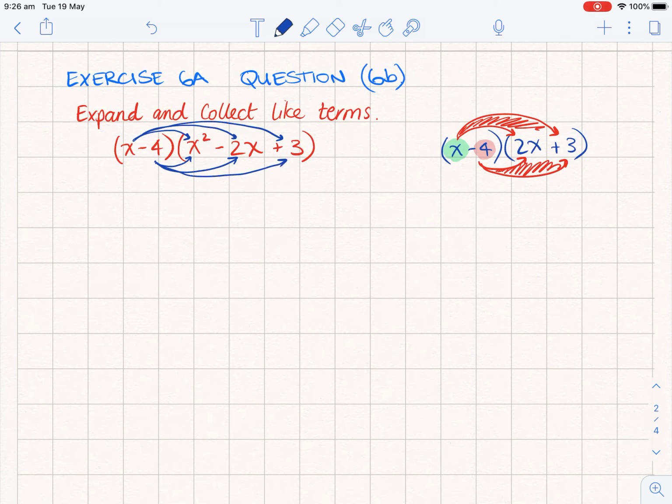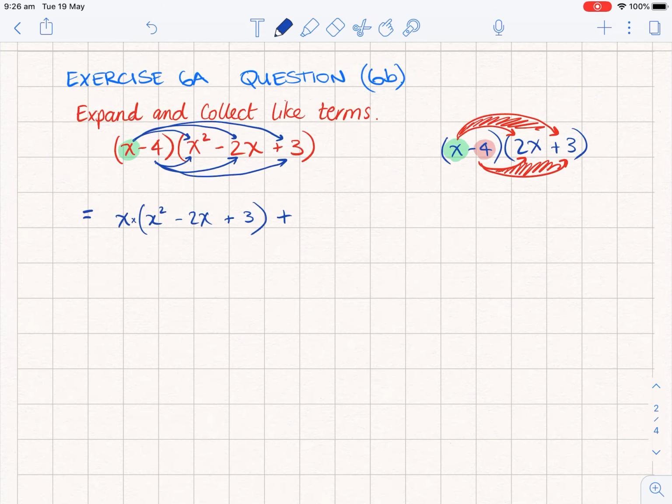Now I can do this a couple of ways. One, I can just keep track in my head, or two, I can break it up. So I'm actually going to break up this expression and write it algebraically so you can see exactly what I'm going to do. The first thing I'm going to do this time is take the x and multiply the x by everything in the second brackets. So that looks like the x being multiplied by x squared, minus 2x and 3.